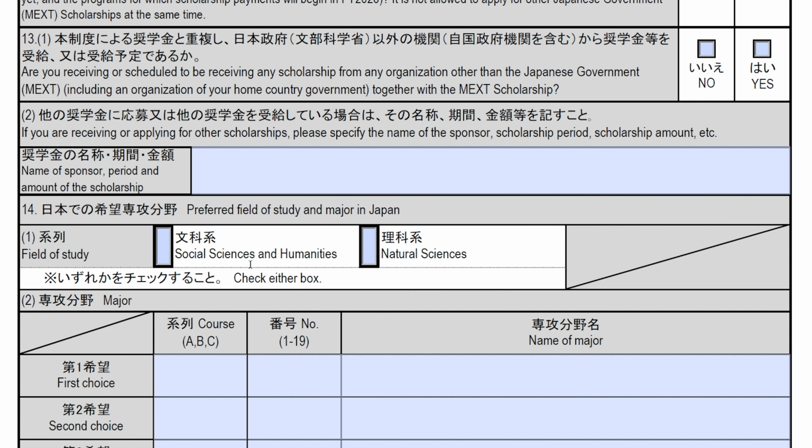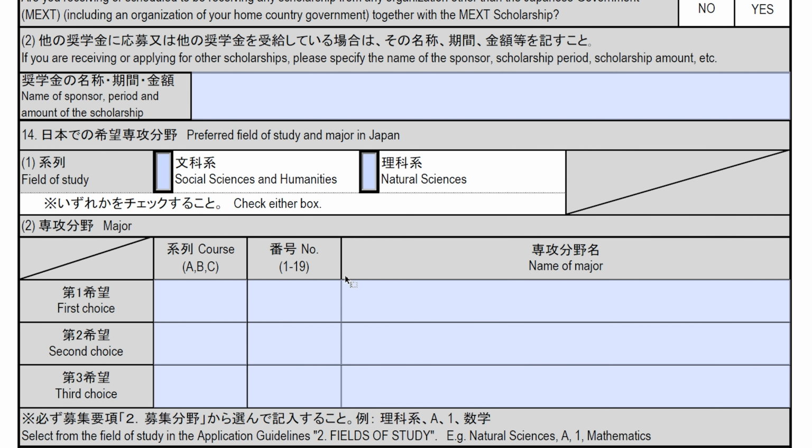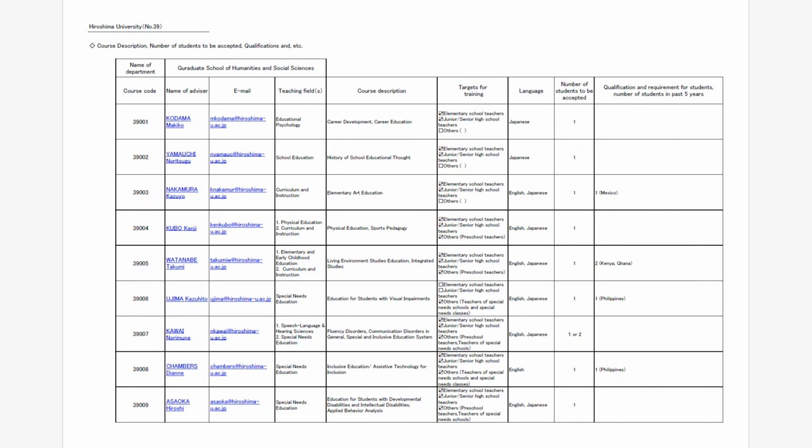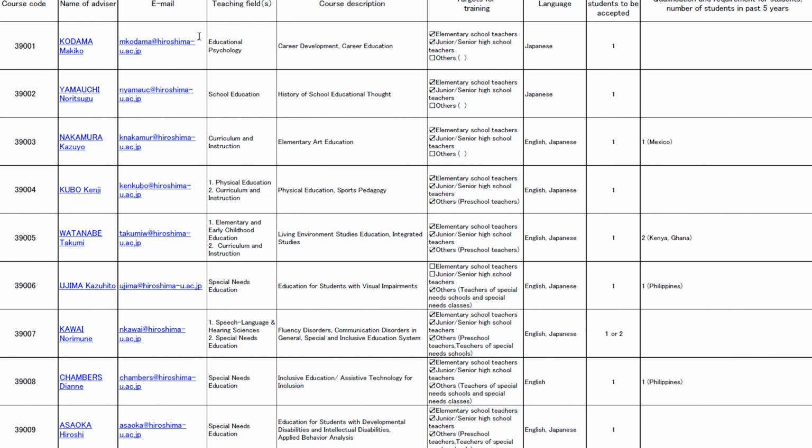All right, here, preferred field of study in Japan, whether you're doing social sciences and humanities or natural sciences, you can tick either of them depending on your requirement. And please, before you fill out this section, which is very important for you, make sure you have gone through your university, what course they are offering you, and what is the course code.